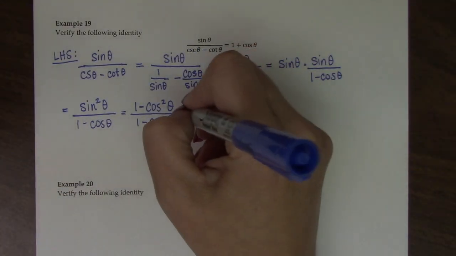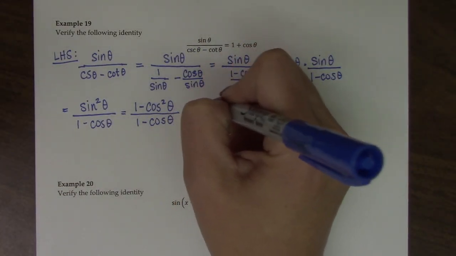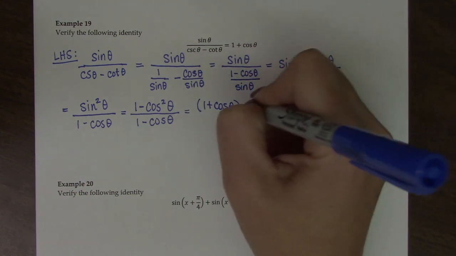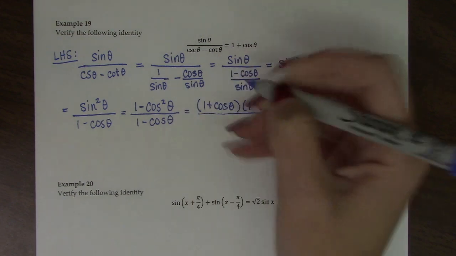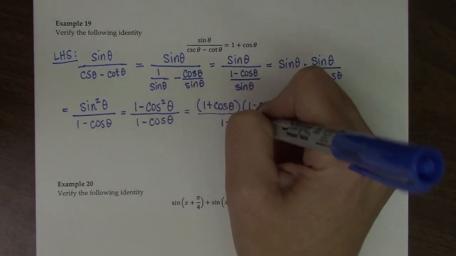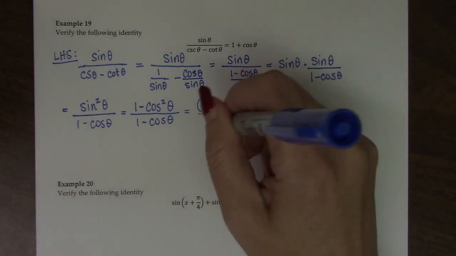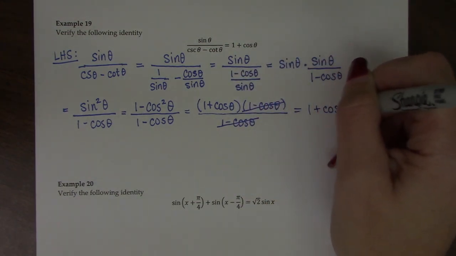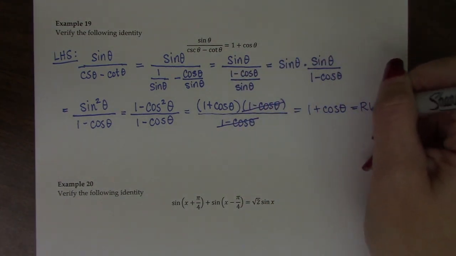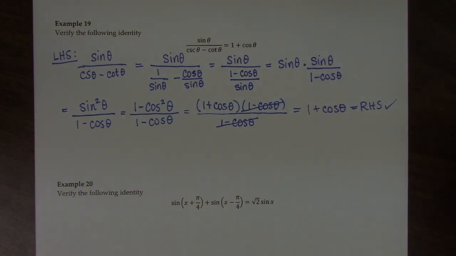So I'm going to factor the numerator, 1 plus cosine theta times 1 minus cosine theta over 1 minus cosine theta. Now I can cancel these two guys, and voila, I found the right hand side, and I'm done.